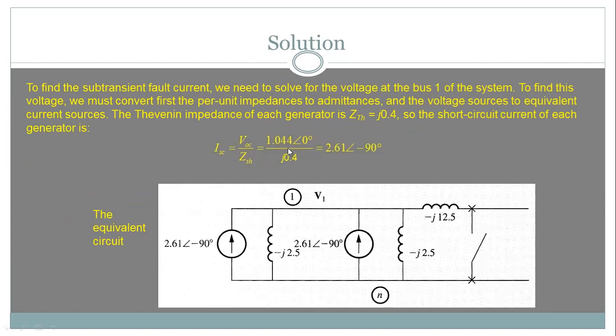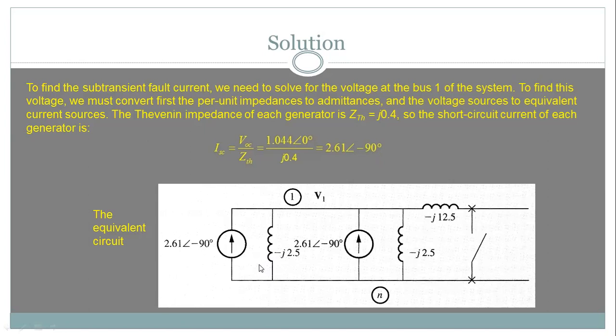So this is the internal voltage of the generator, and this is the reactance of the generator. So 2.61 angle minus 90 degree is the generated current. So these are the two generated source currents. We just convert the voltage source to the current source. And here this is the parallel admittance of the generator, which in the previous case was the series reactance.